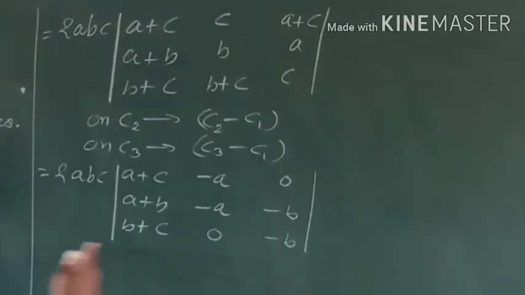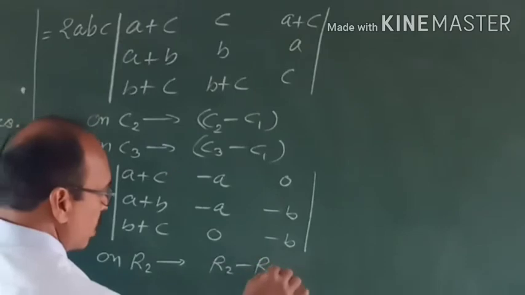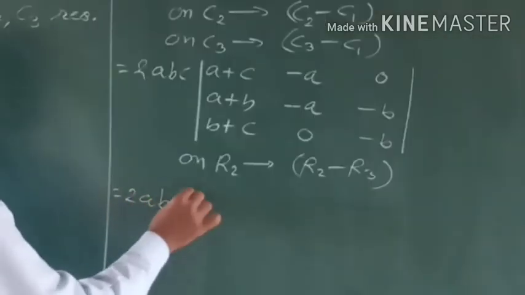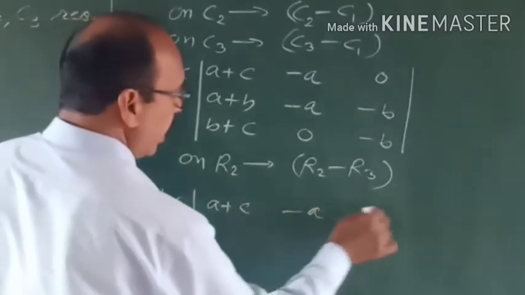R2 minus R3 on R2, the second row. Apply R2 minus R3. So 2 times ABC is still as it is, first row A plus C, minus A and 0.